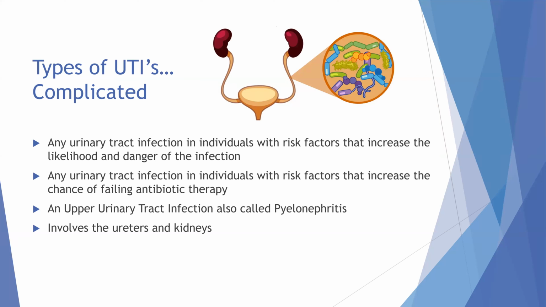Then you have what's called complicated UTIs. This is any urinary tract infection in individuals with risk factors that increase the likelihood and danger of the infection. To put it in simple terms, if somebody is high risk for a UTI and high risk of having complications from having a UTI, then their UTI would be considered complicated.